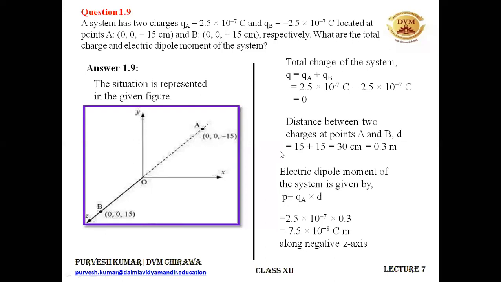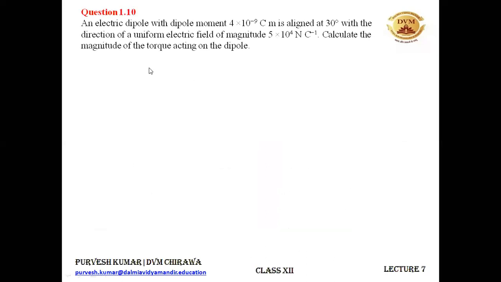Okay, let's move towards the next problem. It says an electric dipole with dipole moment 4 into 10 to the power minus 9 coulomb meter is aligned at an angle 30 degree with the direction of a uniform electric field which has a magnitude 5 into 10 to the power 4 Newton per coulomb. Calculate the magnitude of the torque acting on the dipole.